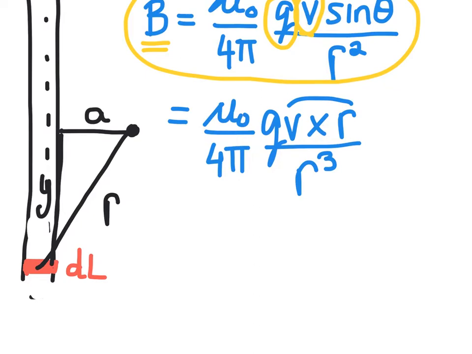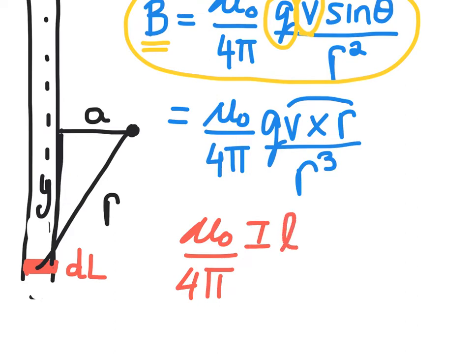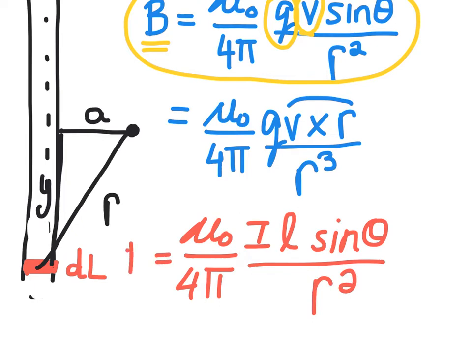We're going to adapt that, so we are going to write, let's see, mu naught over 4 pi, which is all the constant, alright, times I times L. I times L, remember we had QV cross B. This is IL, okay, cross R over R cubed, but I'm going to simplify that to IL sine theta over R squared. So this is how to find the magnetic field for a current carrying wire.